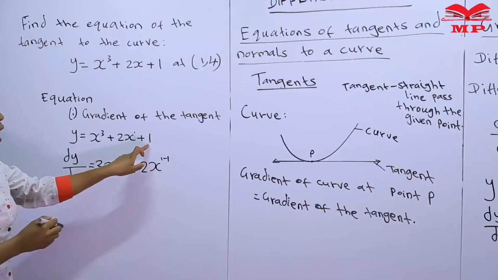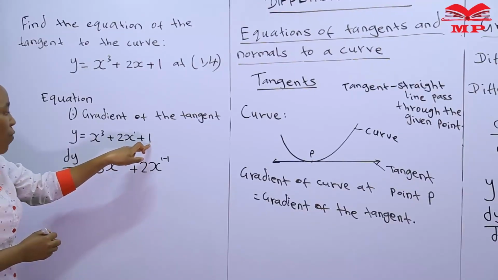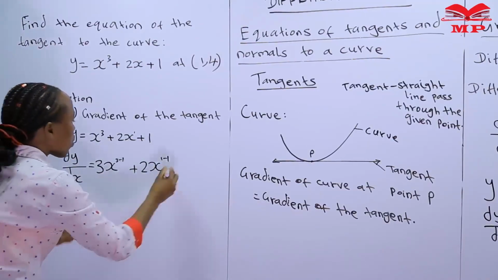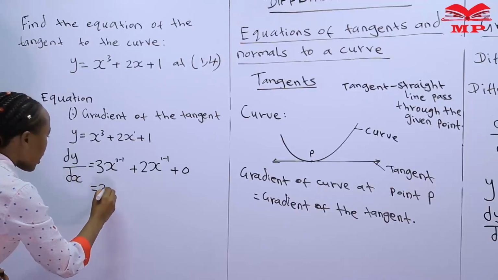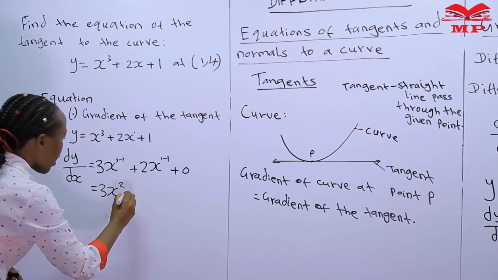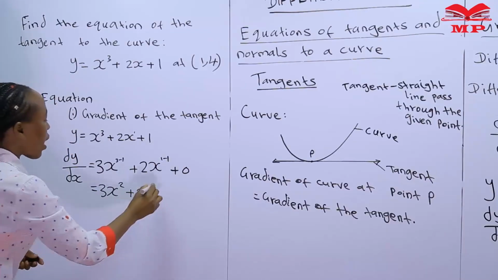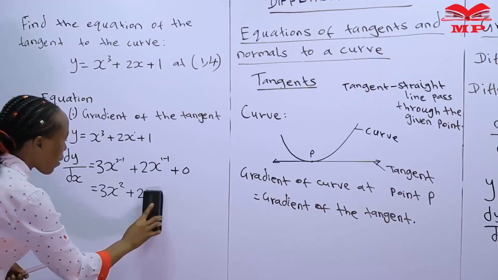And then this is a constant, and we say that the gradient function of a constant is 0, so we have plus 0. So our dy/dx will be 3x squared, then plus 2x raised to power 1 minus 1, which is 0, and therefore this one becomes 1. So we are going to have plus 2.